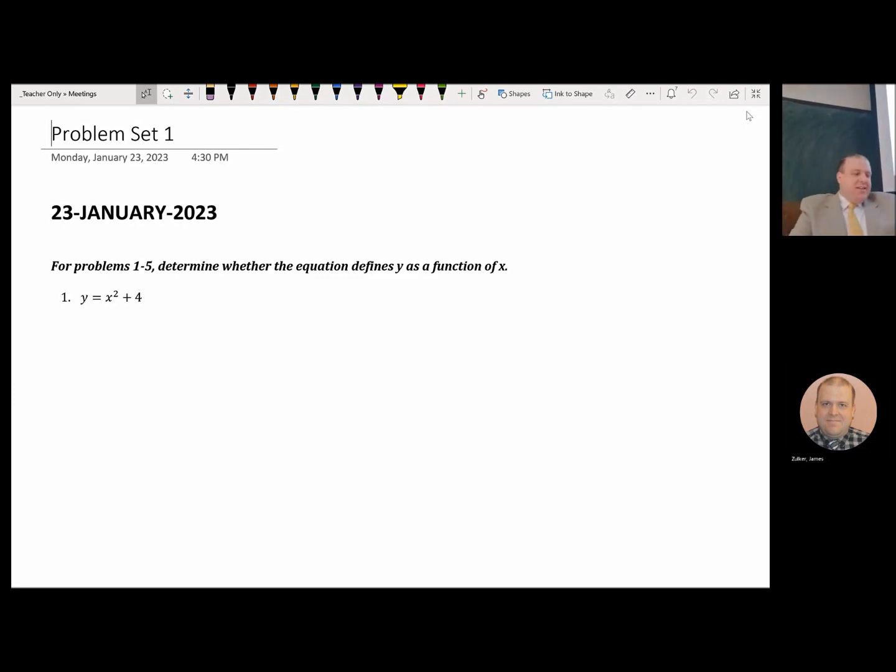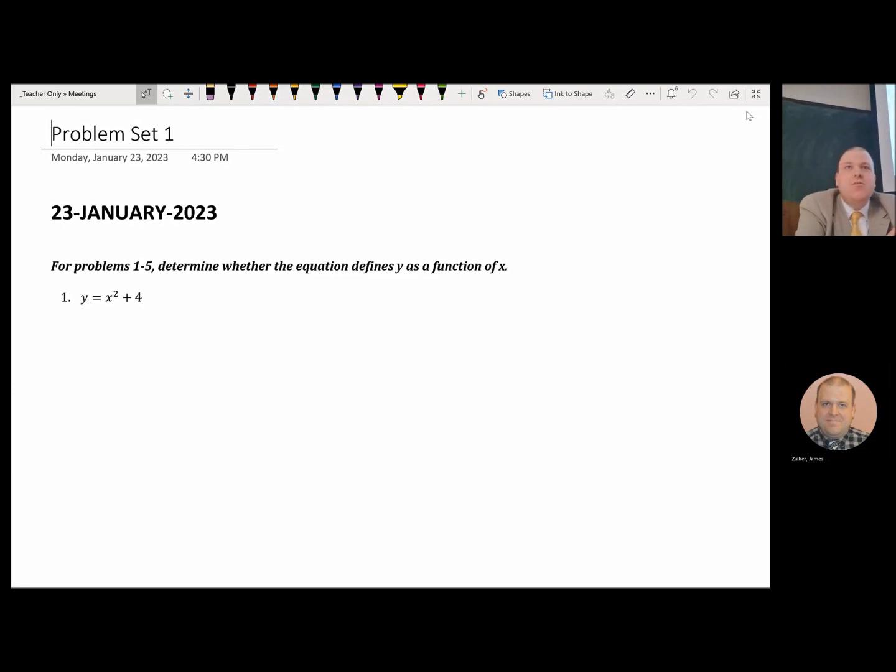Another way to think of a function is if you're given a relation. In this case, we're given the relation y equals x squared plus 4. If you can write it in a way that there's only one y value for each x input, then it's a function. Well, we're done, right?